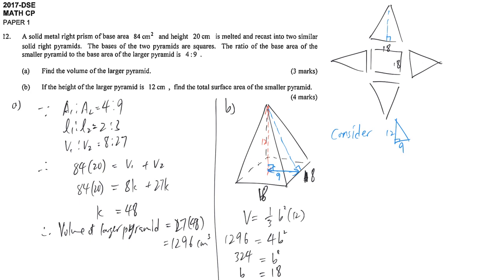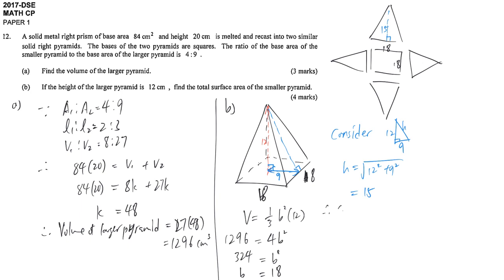So this is 9, and then we try to find out what the height here is. So I let it be h. h is equal to square root of 12 square plus 9 square, or by 3, 4, 5, you know this one is 15. So now we have 15, then we can get the surface area for the larger pyramid.